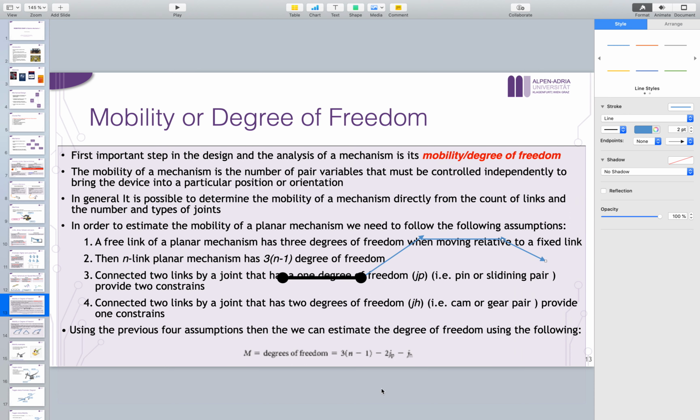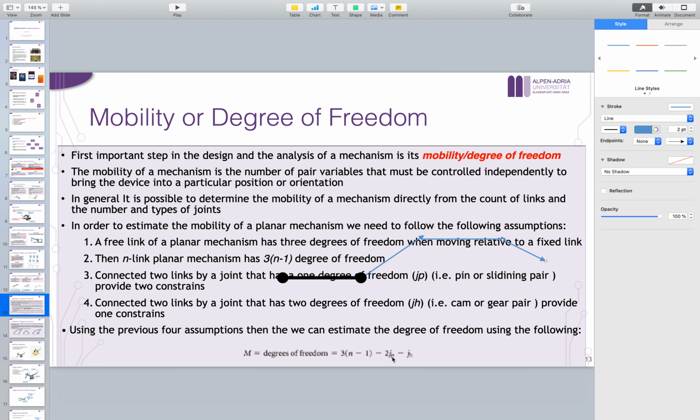So what is this formula telling me? First we multiply by 3 because a free link has 3 freedoms in the 2D plane, and minus 1 for static. So we multiply 3 by the number of links minus 1, which is the base. And in this case, as I said, it's 9 at the beginning.